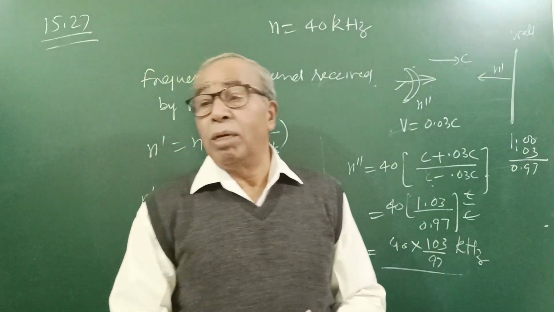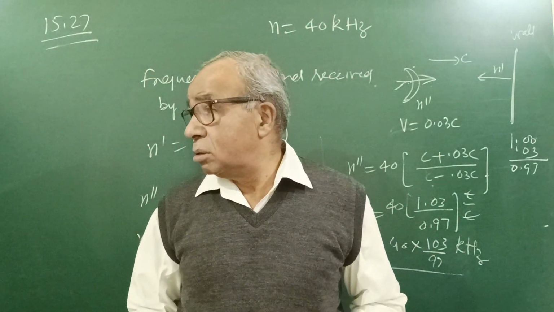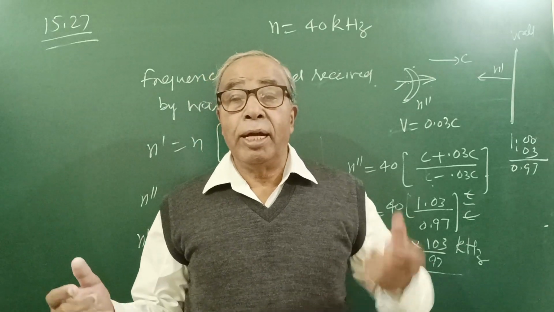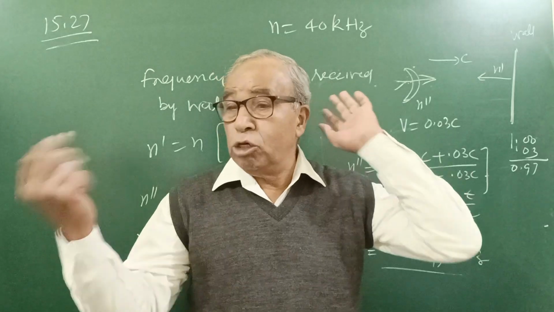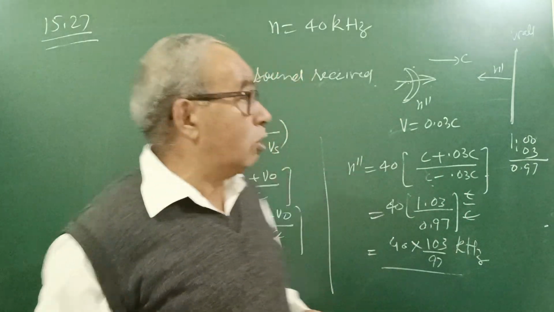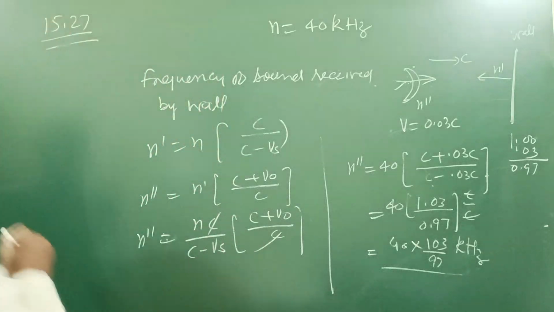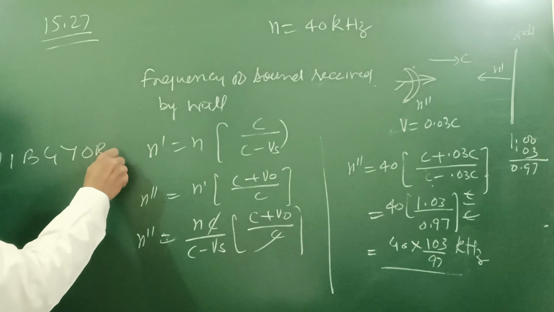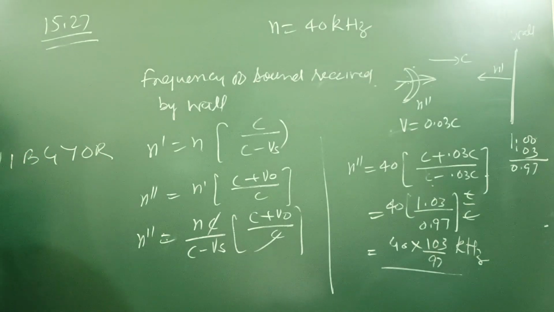Like sound, Doppler effect is also observed in light, and that effect can be seen by change of color. Our visible light has colors from violet to red, VIBGYOR. Violet color has the highest frequency, shortest wavelength.